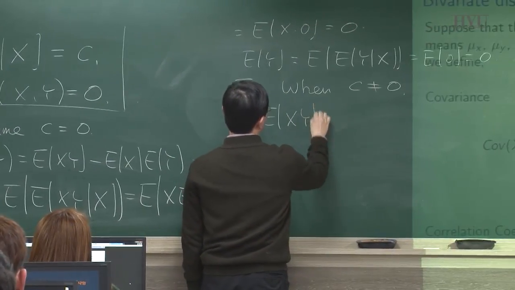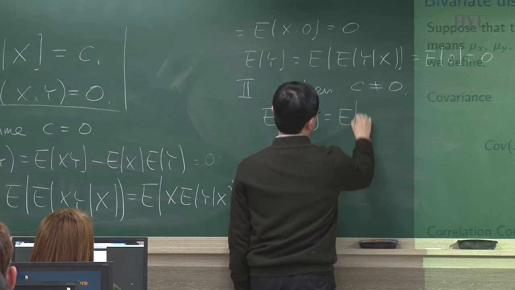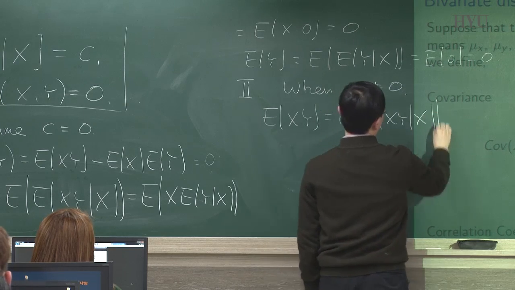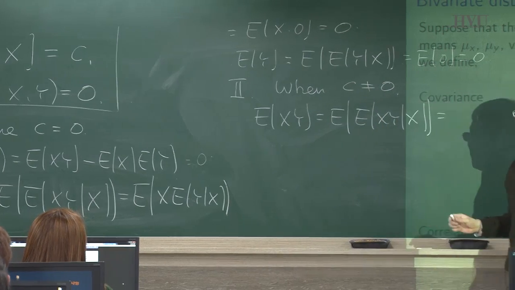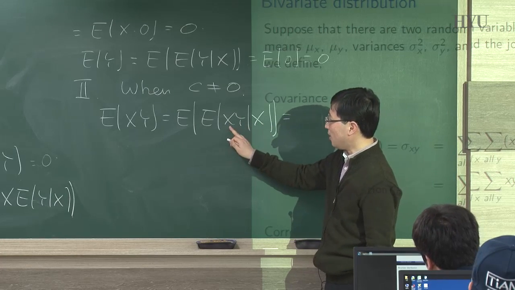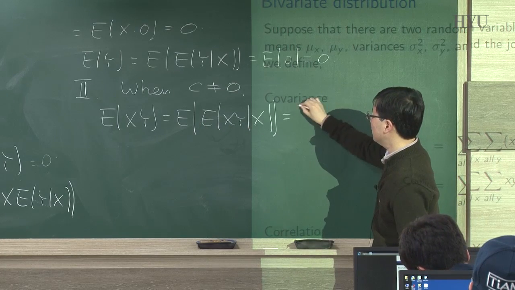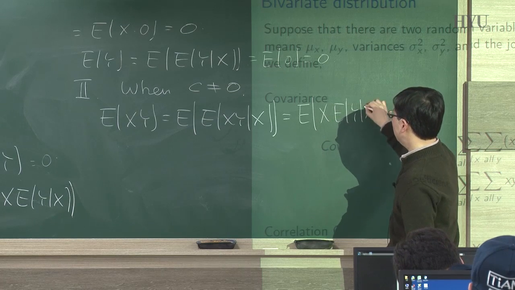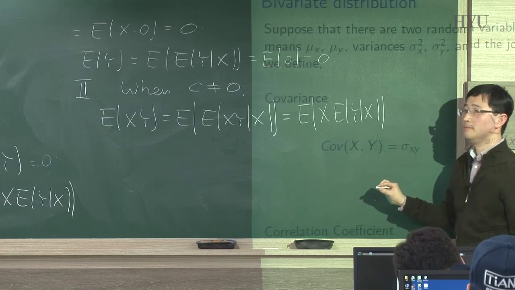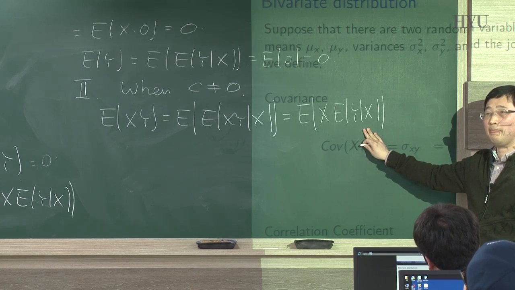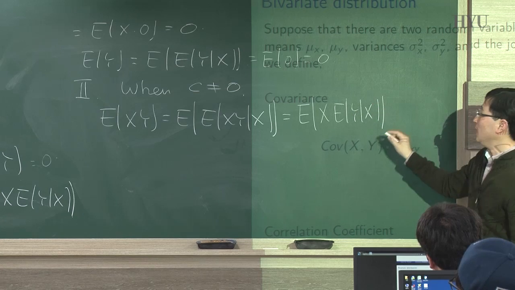E of x times y. Why? By the law. Now, given x, x is a constant, I pull it out. Now, what is this conditional mean? It is C, by assumption.